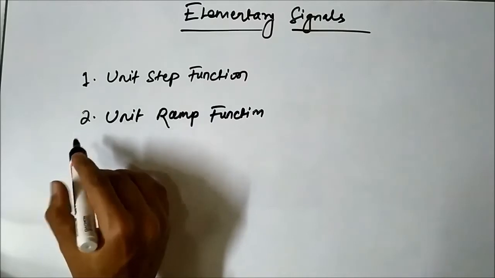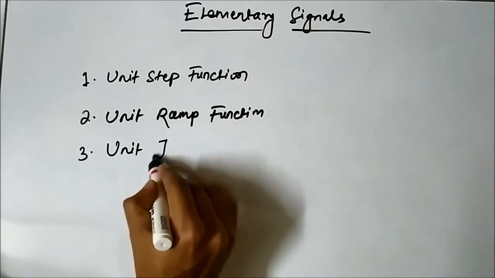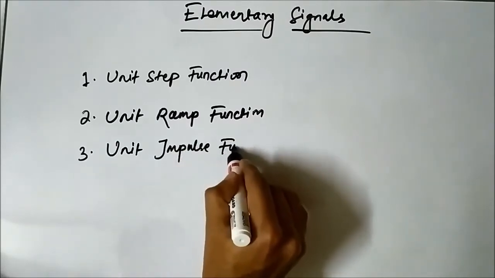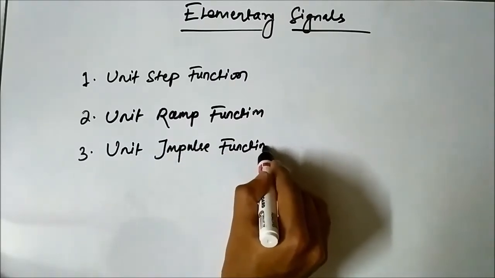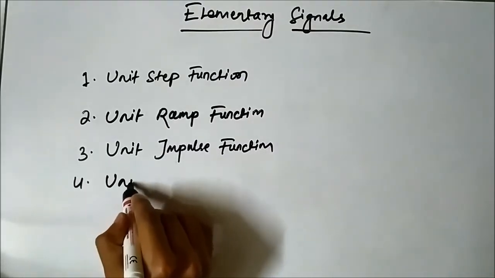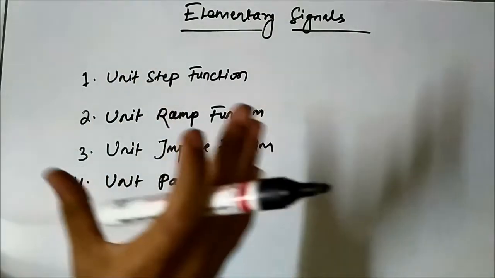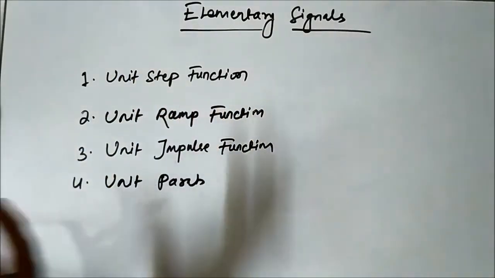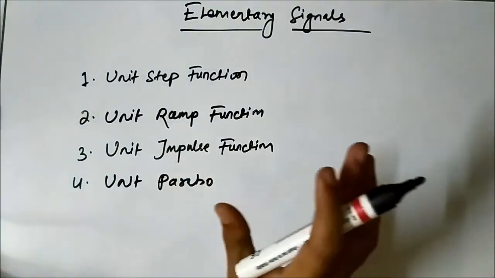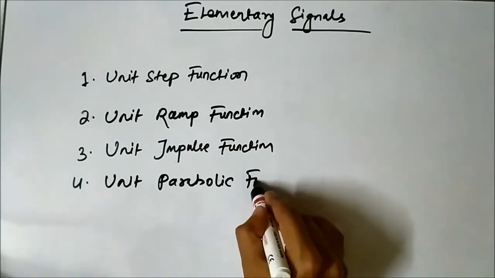Then we have the unit impulse function. Then we have the unit parabolic function. We are going to discuss each of these signal functions in detail. Here I am just listing what are the elementary signals that we are going to cover.